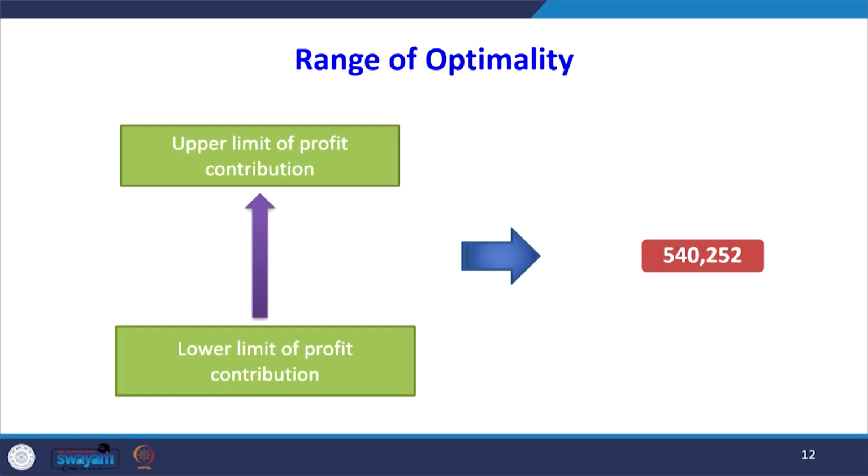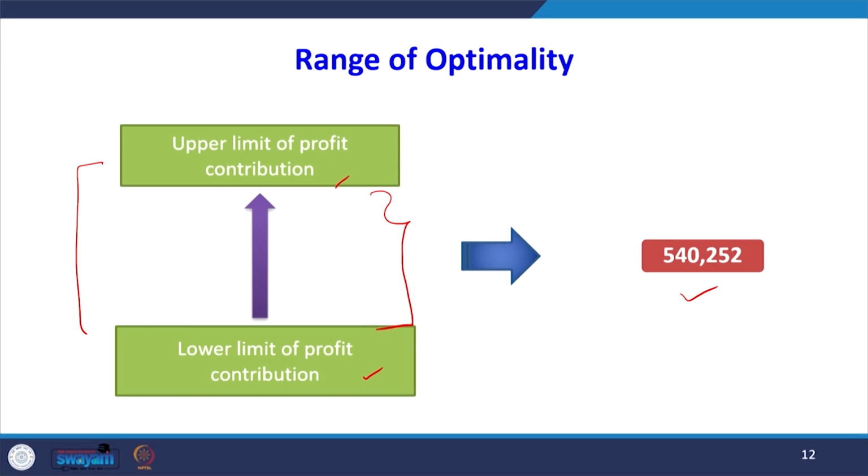I think this picture will explain the idea clearly. You see, this is the coefficient of our objective function. There is a lower limit for profit contribution and an upper limit for profit contribution. So this much change is permitted, and this change will not affect your final solution. That is called the range of optimality.